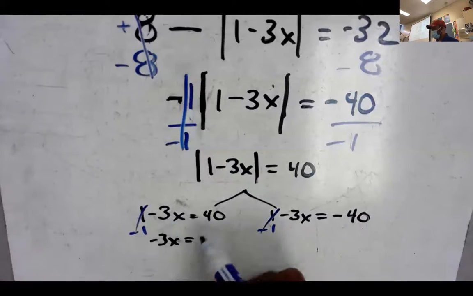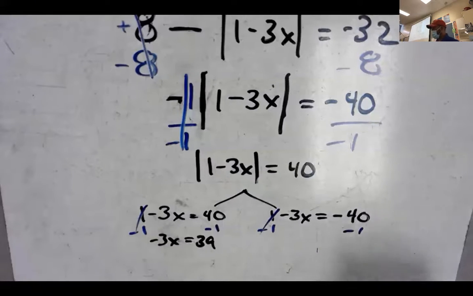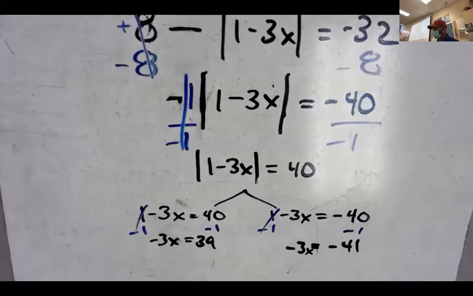Oh, and I forgot to subtract 1 here. So that would be 39 there. Here, that would be minus 41. And then the last step is we want to divide by negative 3. When you divide, remember, always divide the same sign.